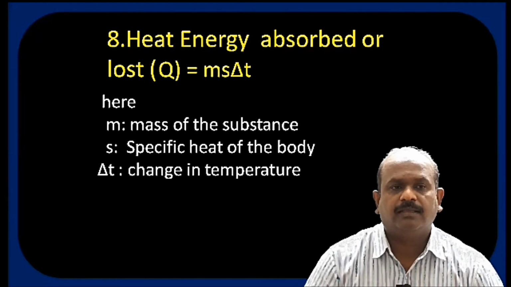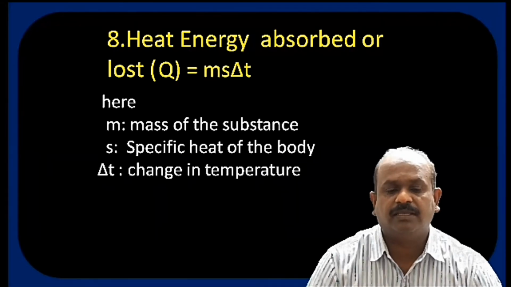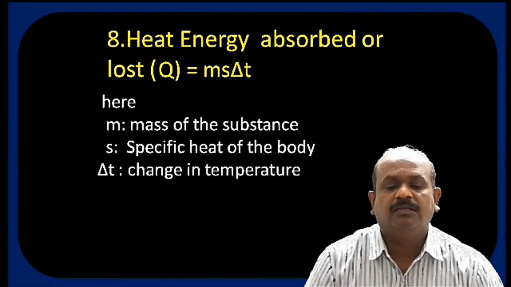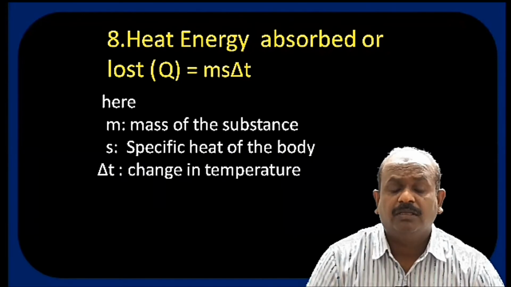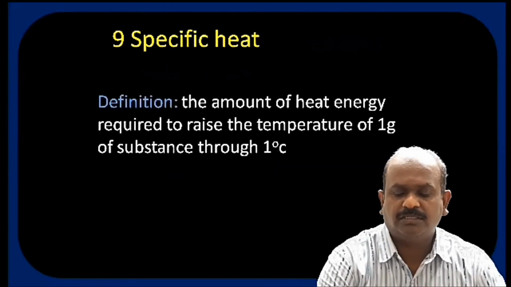Now let us explain the terms in this equation. m stands for the mass of the substance, S for the specific heat of the body, delta T the change in temperature of the substance. Okay. Here the second parameter, specific heat of the body. What does it tell?